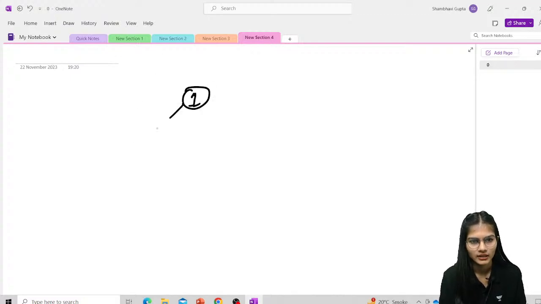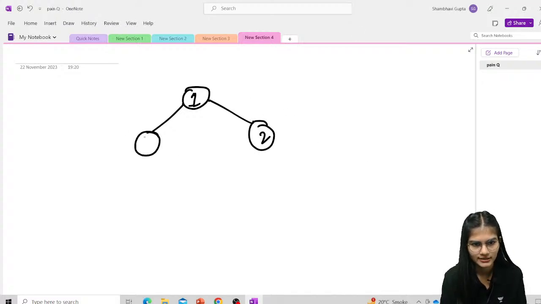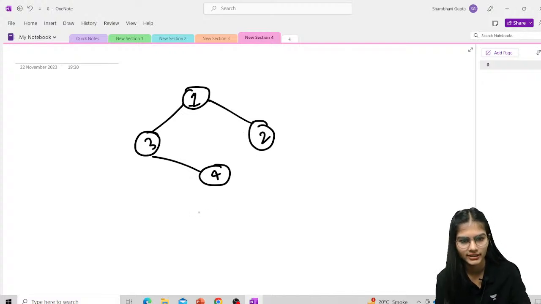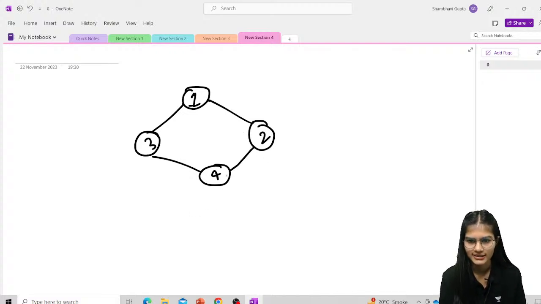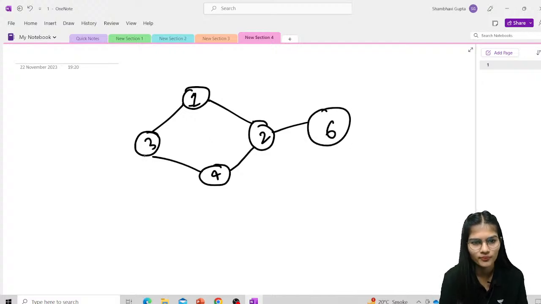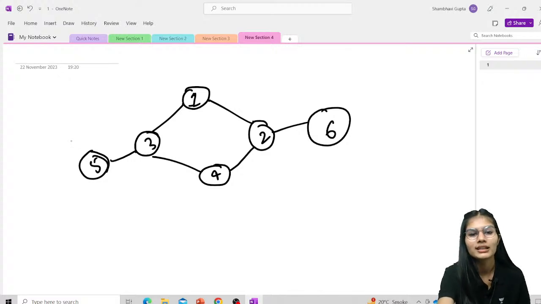I am now attaching 2 over here, and let's say this is 3. Then I am attaching these to 4. Let me correct the line like this. Now I am attaching 6 to 2, and here with 3 I am attaching 5. Let's say this is a very simple tree kind of structure.